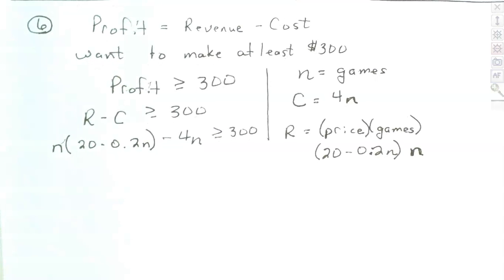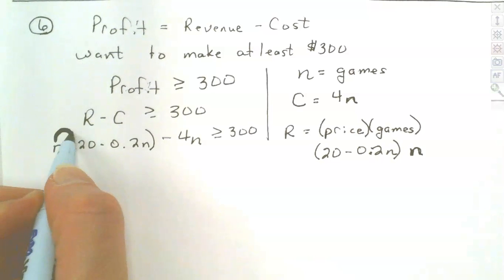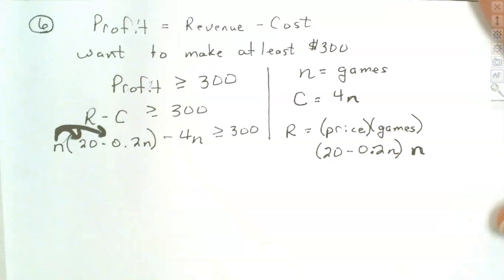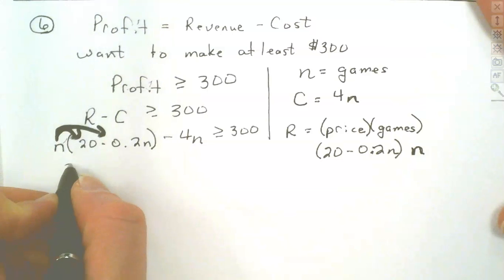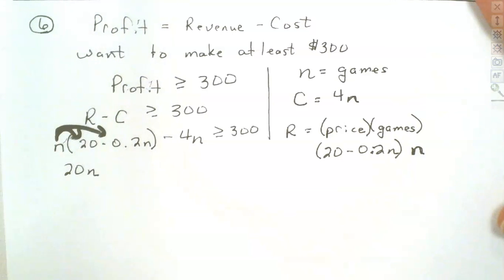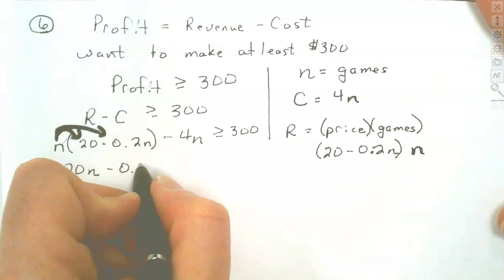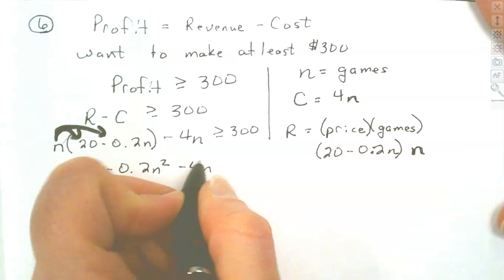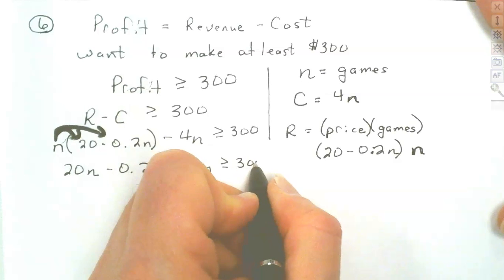Greater than or equal to 300. I'll do one more step, and then you can finish it from here. So I'm going to go ahead now and distribute that N through and clean it up a bit. So that's going to make that 20N minus 0.2N squared minus 4N is greater than or equal to 300.